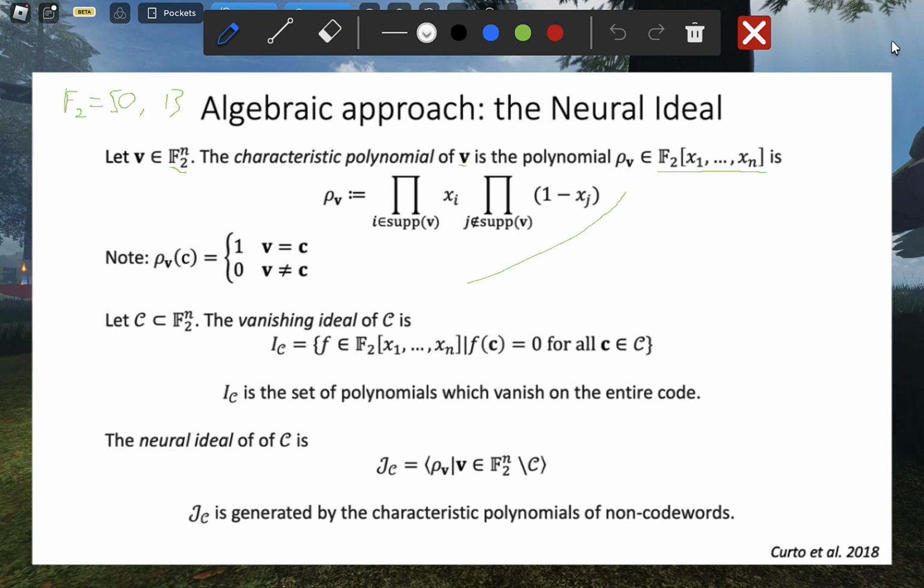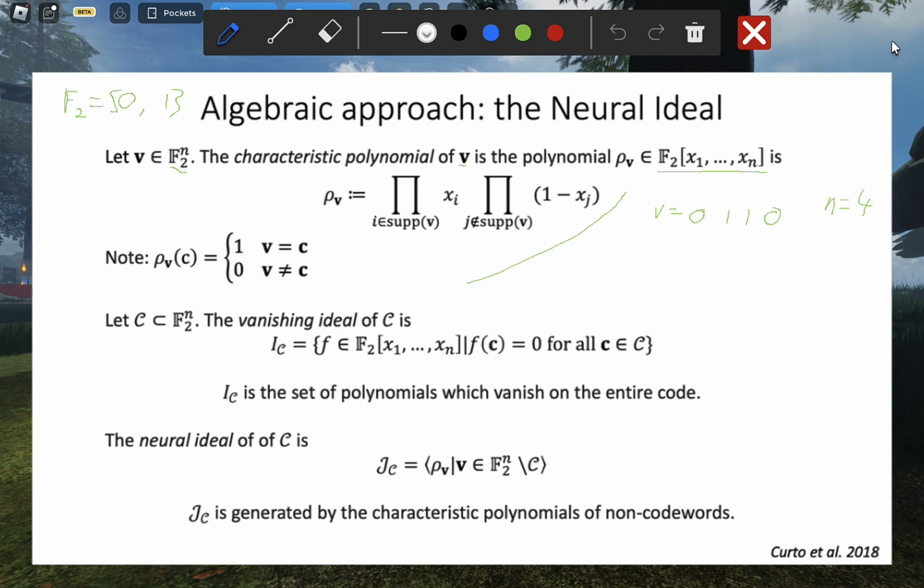V is like, for example, where n is equal to 4. This is an example V. This should be a vector. And then we plug it into here.